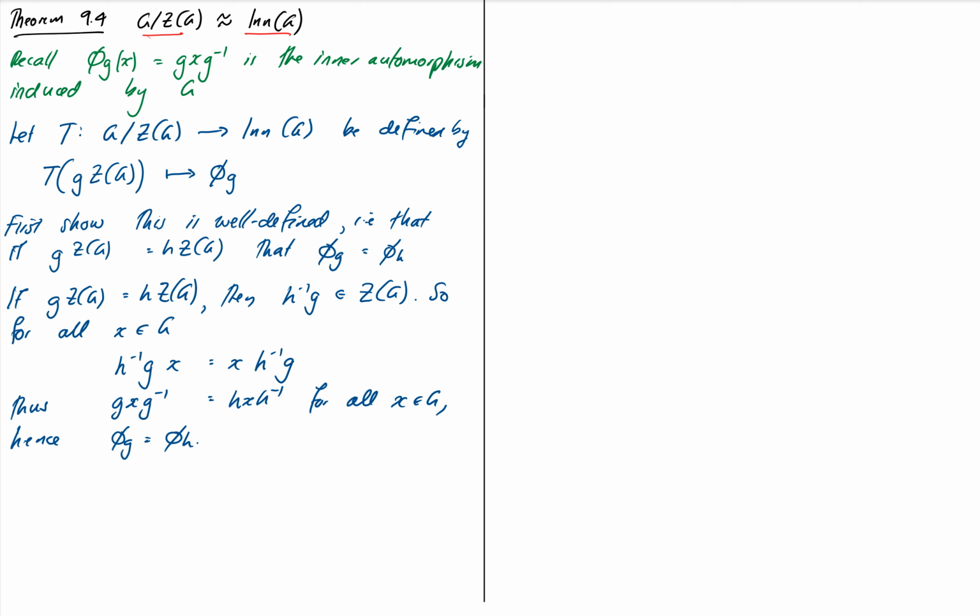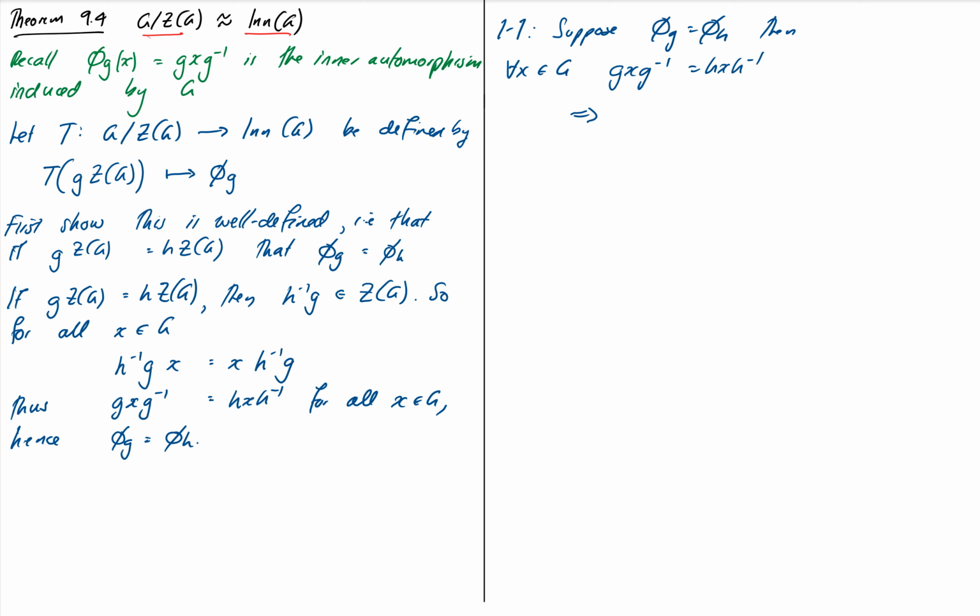We have to show it's one-to-one, in which case we suppose phi G equals phi H. We need to show that the cosets are the same thing. So for all x in our group, we get G x G inverse equals H x H inverse.